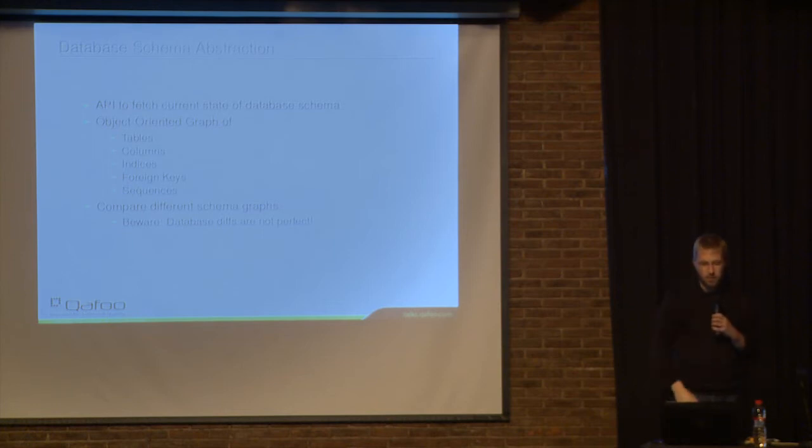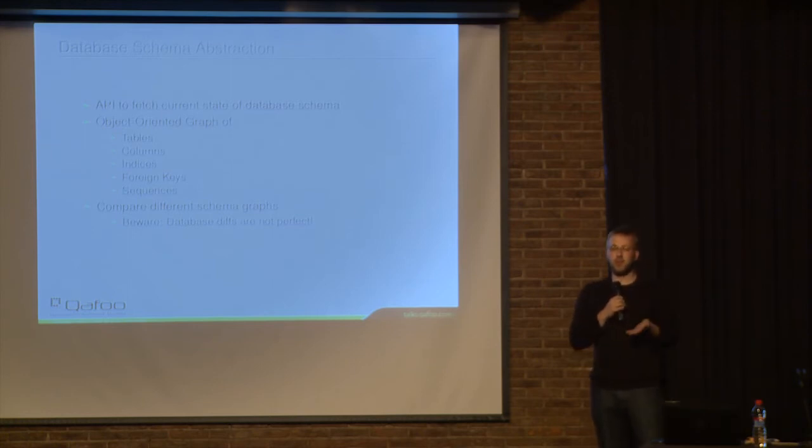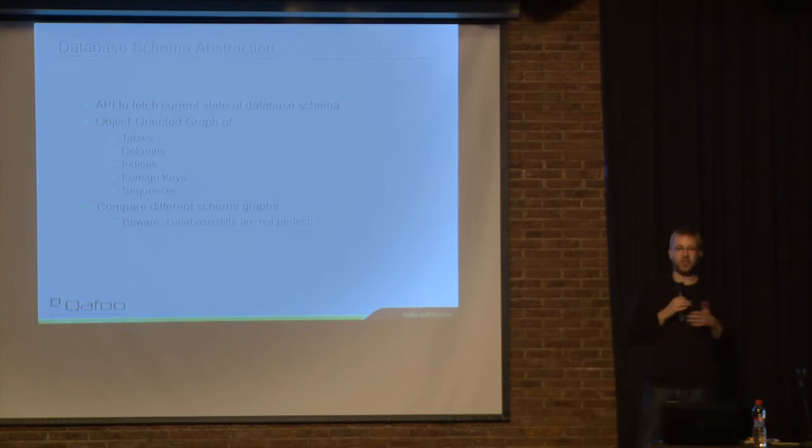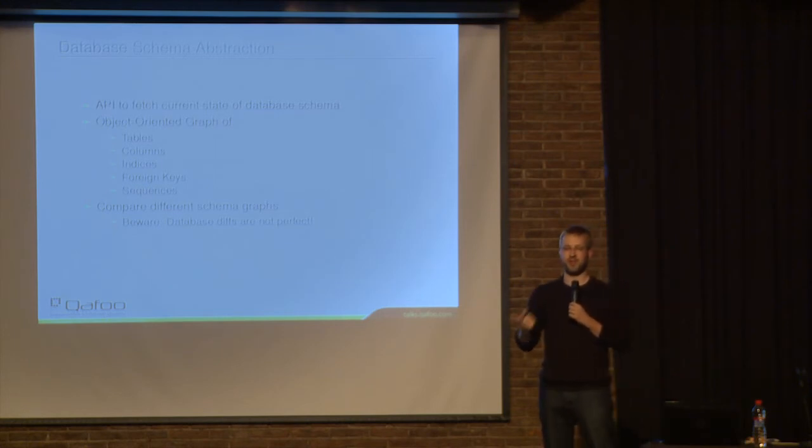So if you have this type abstraction for your code now, then the next question is, how do I actually generate a database schema from this? I have an abstraction for types now, but obviously in every database, the schema generation mechanism is very, very different.